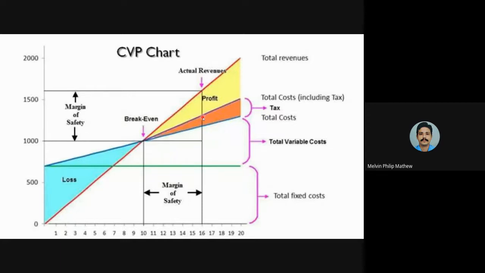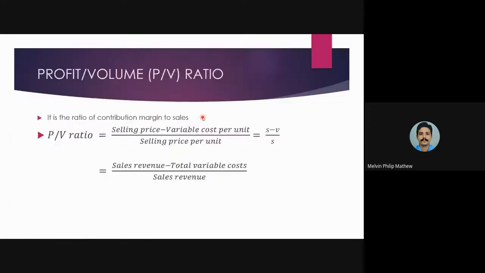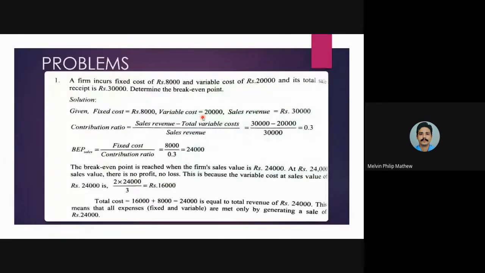So sales revenue minus BEP is the profit or loss incurred. If your sales revenue is 30,000 and you subtract the BEP, we get a profit equal to 6,000. Okay, did you understand up to this much?